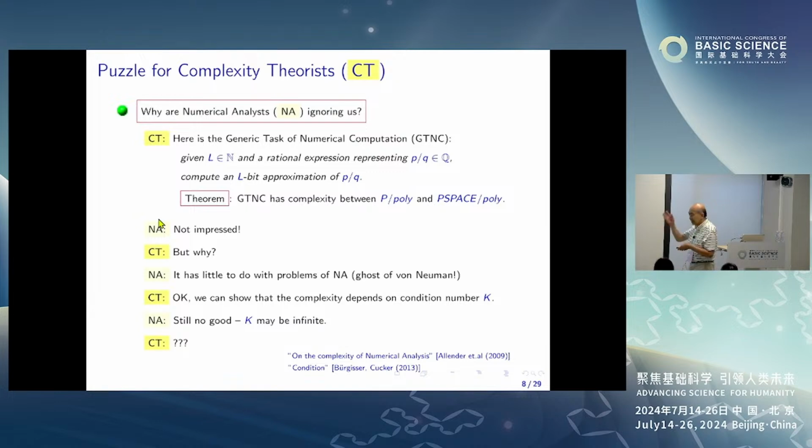The slash poly complexity class is very high. Numerical analysis. I gave a one. Okay.